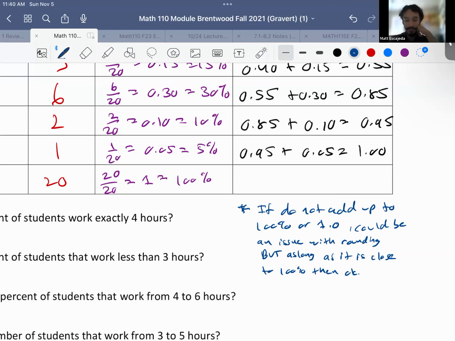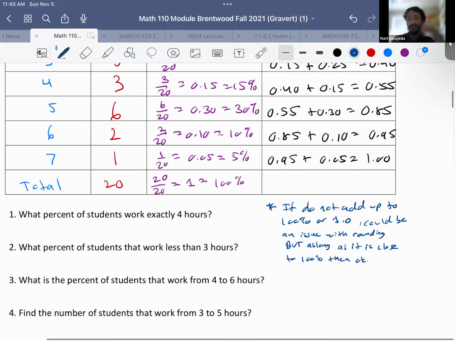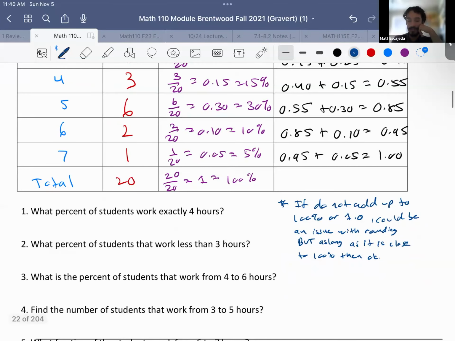But if you're getting like 70% or 80% or even low 90%, then something is off. If you're in the vicinity of 100%, then it should be okay.